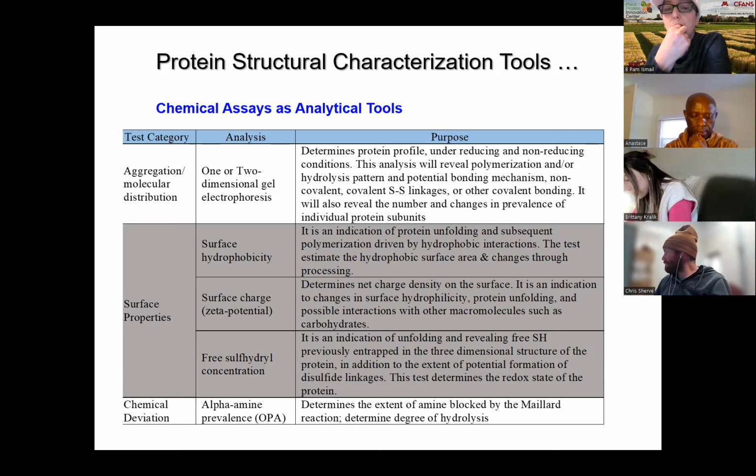So it's based on measuring the fluorescence. So the more hydrophobic residues are on the surface, the more ANS will bind and more fluorescence you will get. So you measure kind of a fluorescence index in this type of assay.